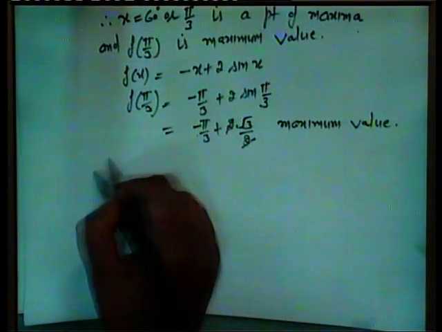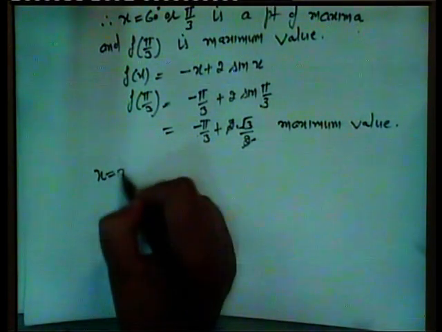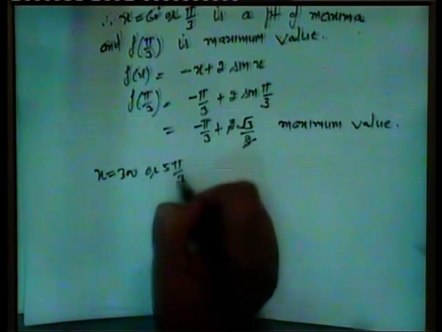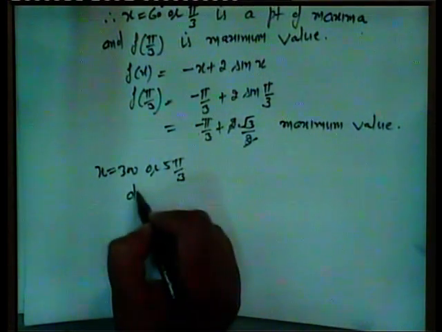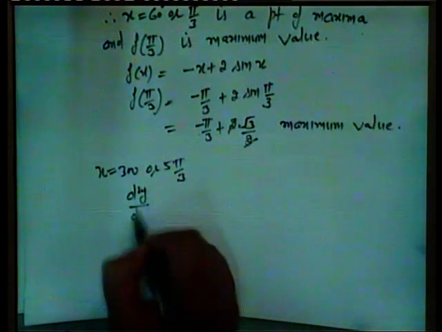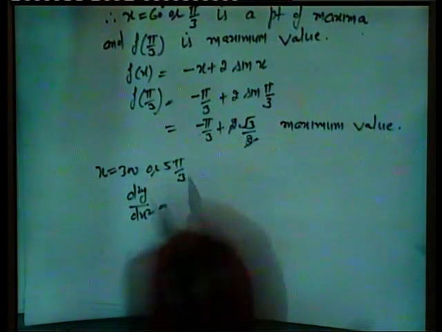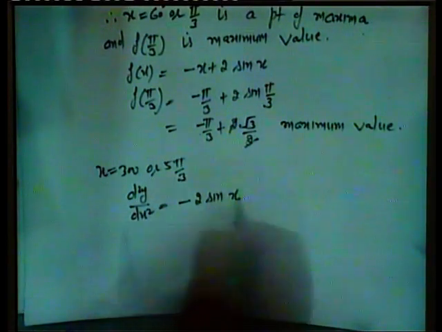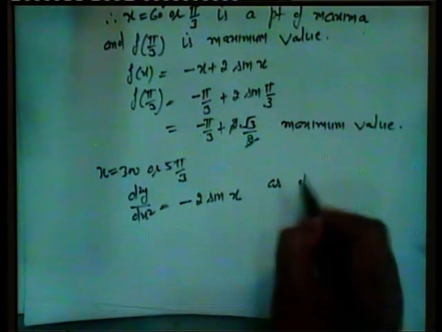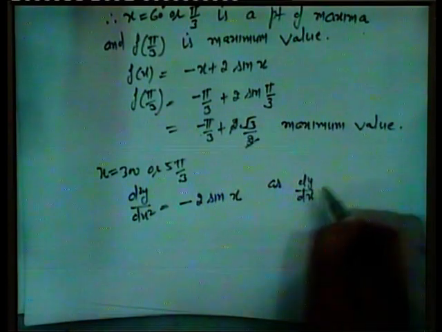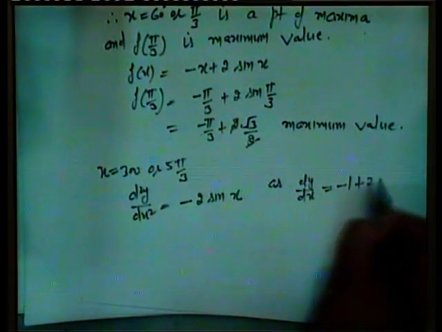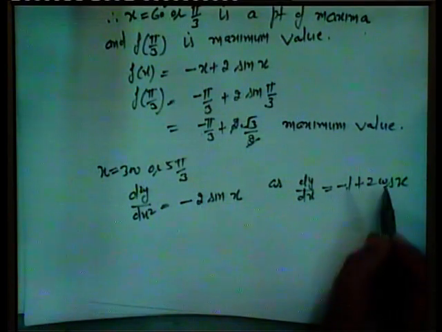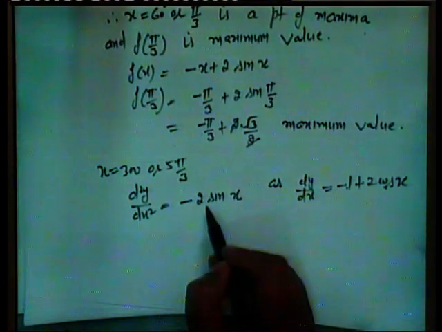Now check x is equal to 300 or 5 pi/3. d2y by dx square is minus 2 sin x, as dy by dx is minus 1 plus 2 cos x, the derivative of 1 is 0 and the derivative of cos x is minus sin x.